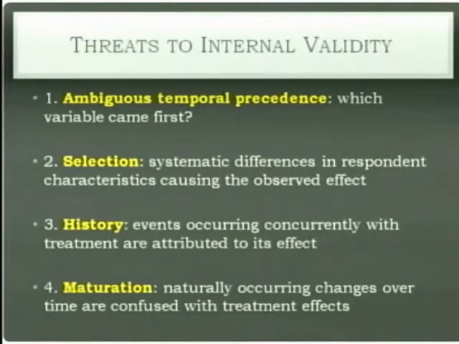History is when events occur concurrently with your treatment. And so if you don't know about that and appropriately control for it, then you could be attributing to your intervention things that are just happening in the world, right? So examples might be a new clinic opened, or insurance allowed greater access to behavioral health services, for example, or there was some other difference that happened.